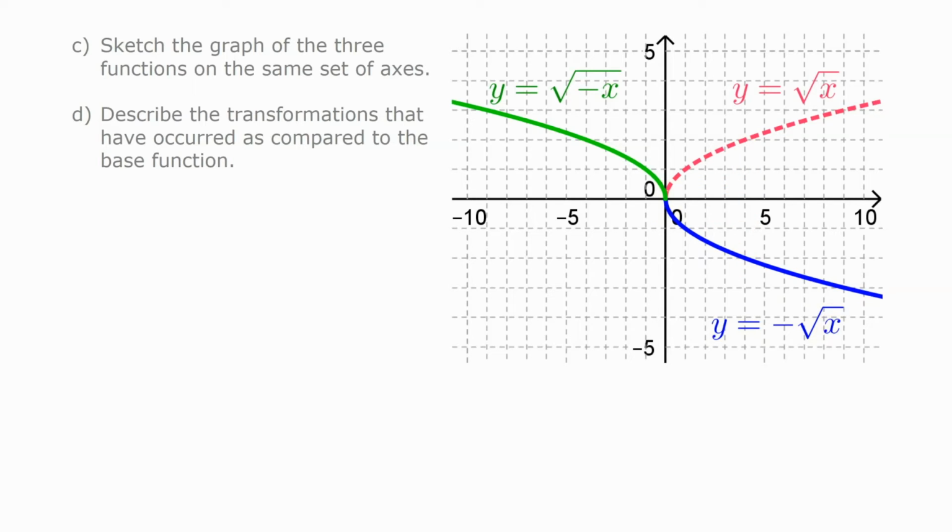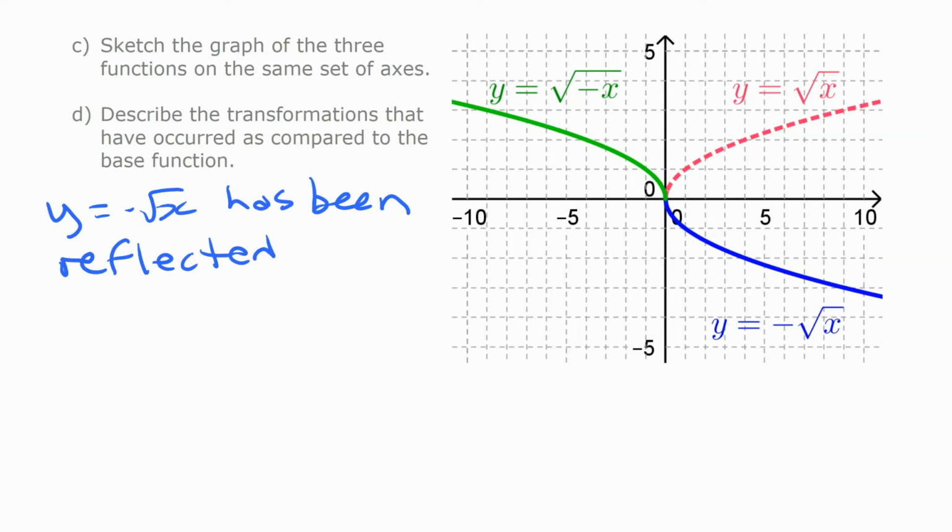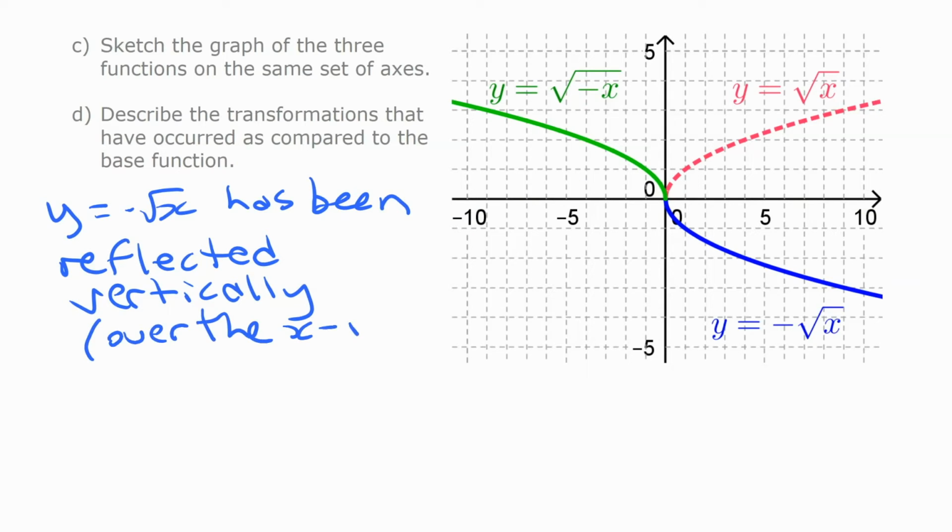So if we're going to sum up what happened here, y equals -√x has been reflected vertically. And we should say where the line is that it's getting reflected over. The line it's getting reflected over in a vertical reflection is the x-axis there. So you can also say that it got reflected over the x-axis.